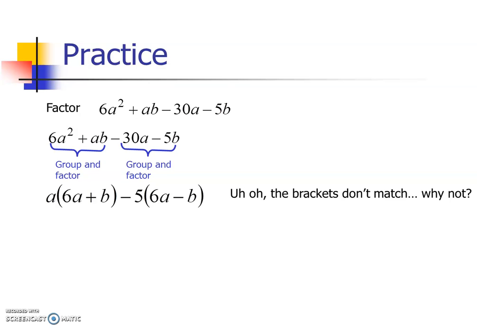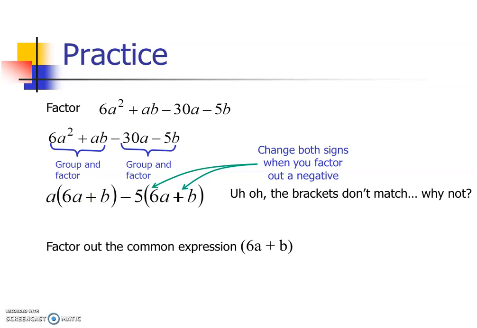Uh-oh, what's going on here? The brackets aren't matching. This is a common mistake and you really have to watch for it. What I did was I forgot that when I factor out that negative 5, I have to change both of the signs in the bracket. So that's going to become a plus on the b. So moving along, going to factor out the common 6a plus b and the leftovers a minus 5. Sorry, no animation this time.